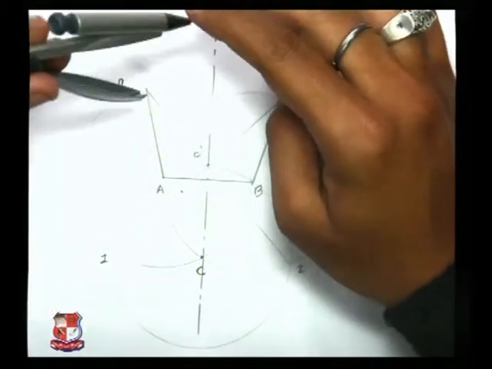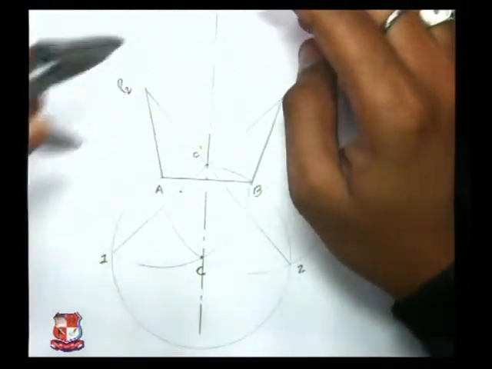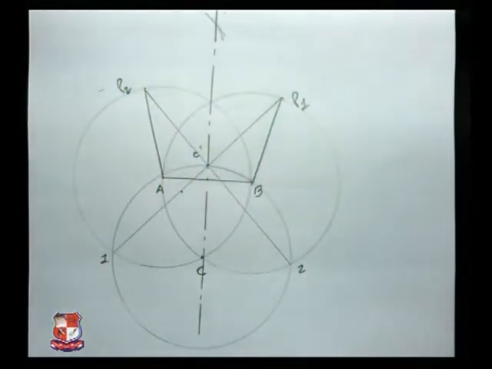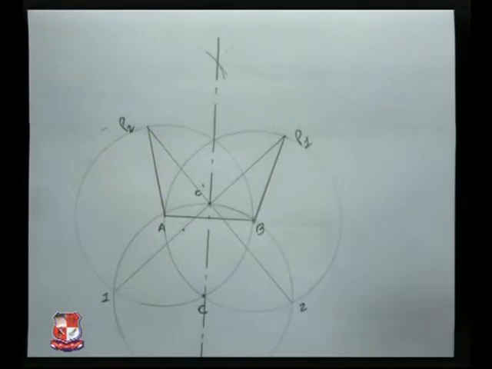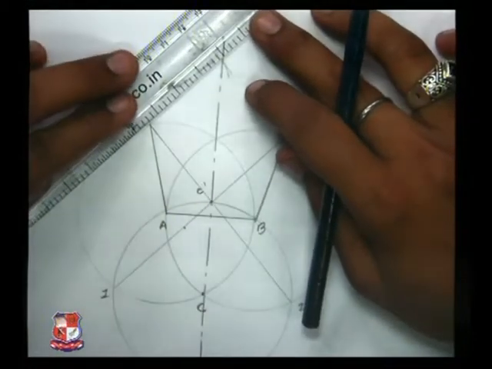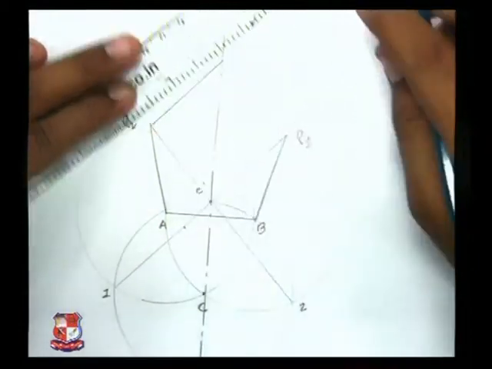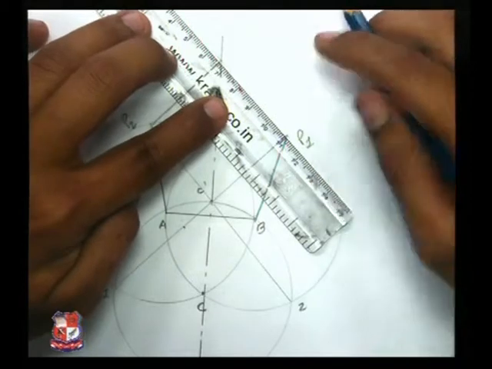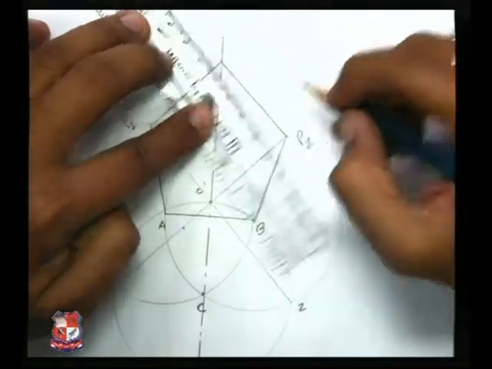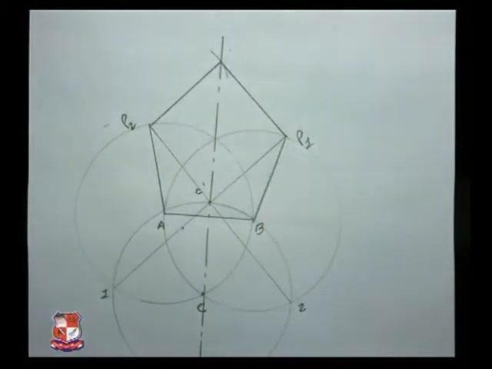Take AP1 as radius and mark an arc on the center line. With this line, join P1 and P2. You have got your polygon.